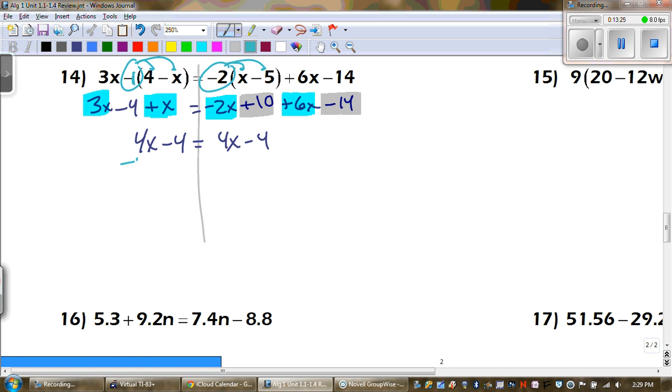The next step would be to get your variables to one side. I'm moving the smaller one, and it's the same, and they both cancel out, and we're left with -4 equals -4, which is a true statement. So our answer is infinite solutions.